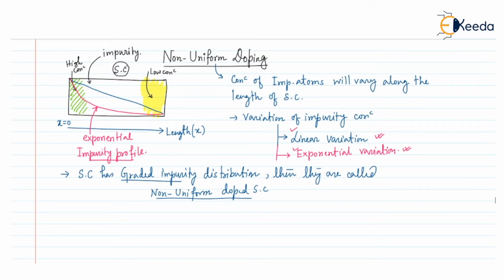Graded impurity distribution means either linear variation or exponential variation of impurity concentration. So if we plot the impurity concentration with the distance or length of the semiconductor, it will look like this.